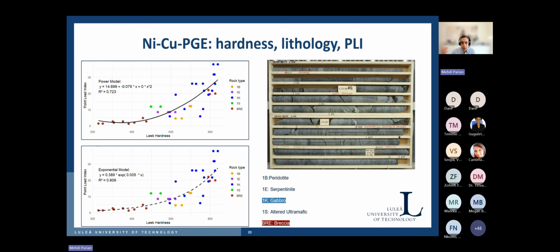Typically, breccia, the brown or reddish points in this region, is associated with lower Leeb values and basically softer material, while gabbro, the blue points on the right side, shows the highest hardness values. So this shows that the behavior and correlation between the Leeb and point load indices varies between the rock types. So we cannot conclude that there is a linear relationship if we put all together.